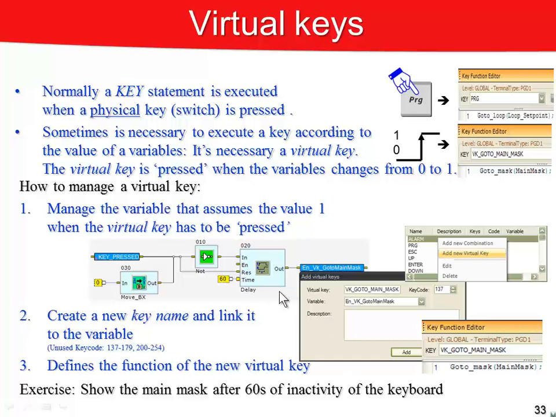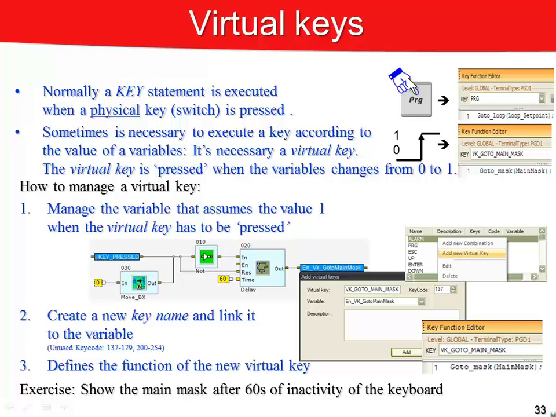Okay, how to do this? You know how to show a mask. There is the go-to loop or go-to mask statement. You know that the go-to mask or go-to loop can be executed when you press a key. But in order to execute a key, PRG for example, you have to press a button.